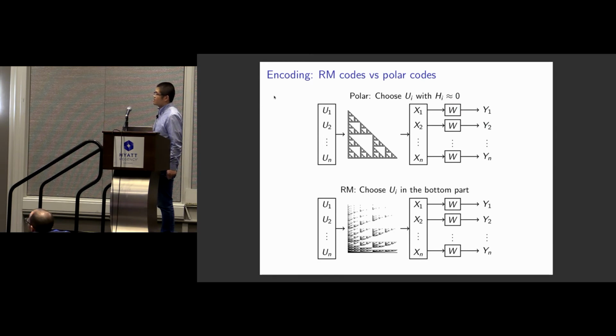More precisely, we take some threshold I0, and then we set all the UIs to be 0 for all I less than I0. And we put all of our information in those UIs where I is larger than or equal to I0. Okay? So basically, the generator matrix of Reed-Muller codes is just some bottom part of this square matrix.